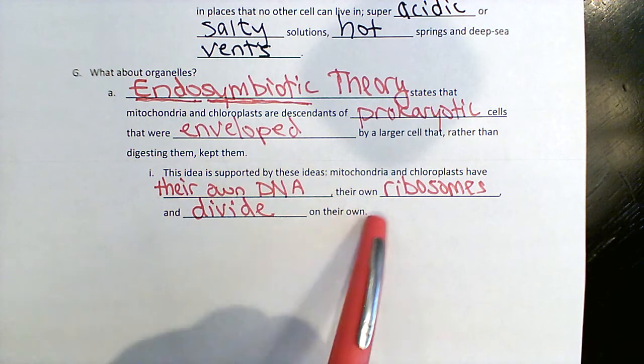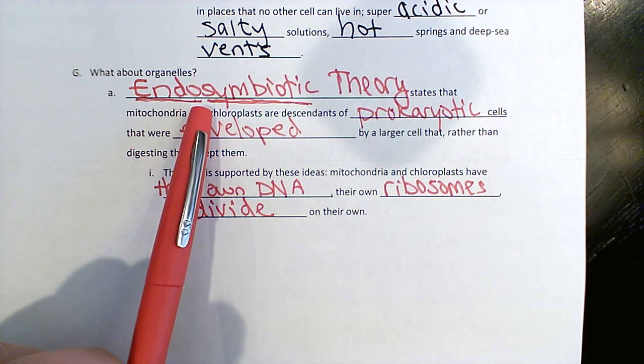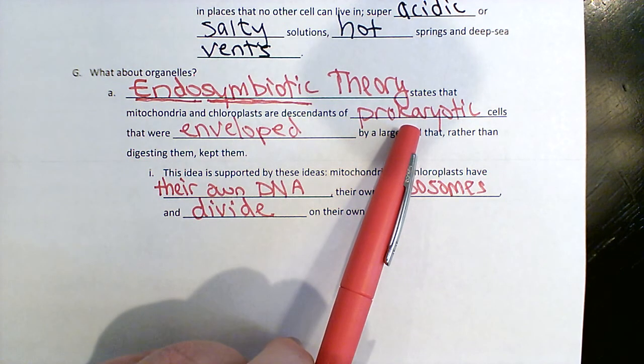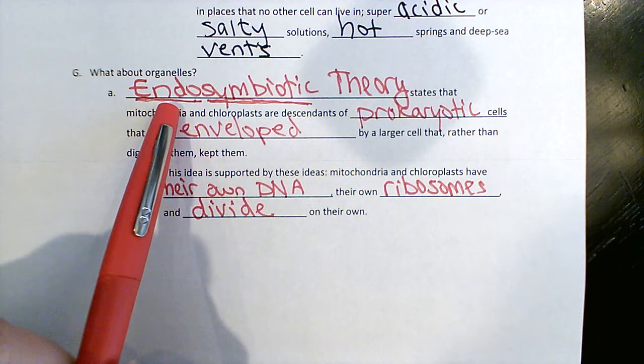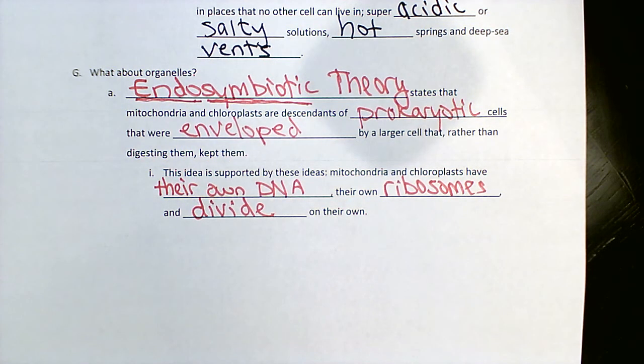So those are our supporting ideas for this idea that organelles, especially those two, used to be prokaryotic cells. Endosymbiotic: endo is inside and symbiosis is living closely together. So hopefully that term makes a little bit of sense. All right, that's the end of chapter 14. Enjoy.